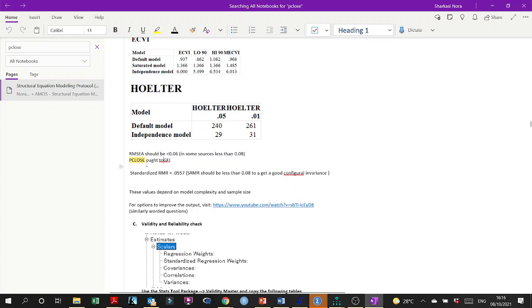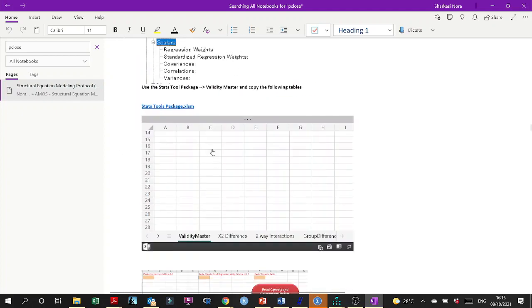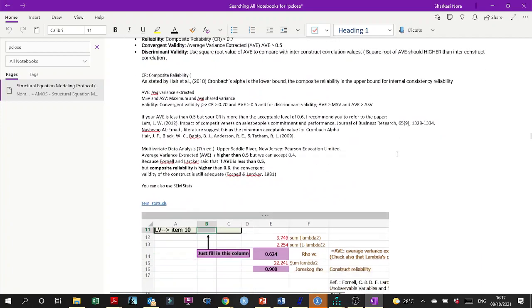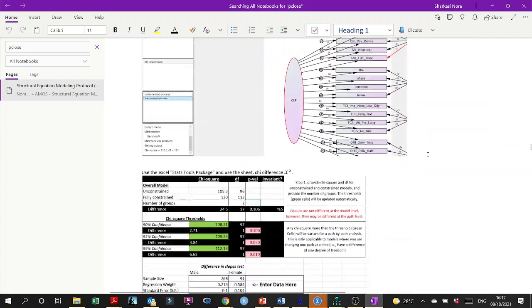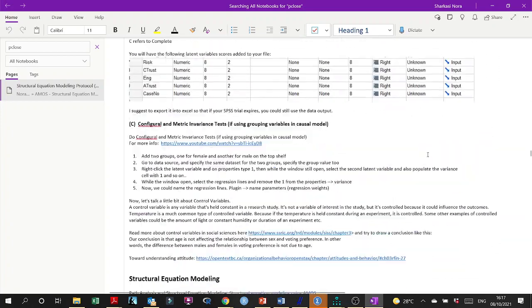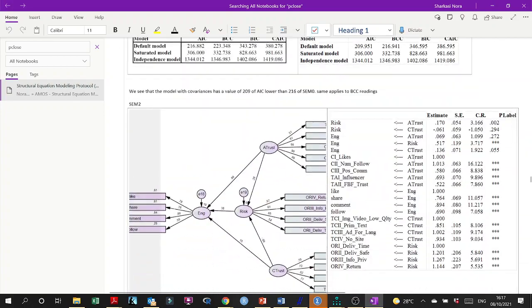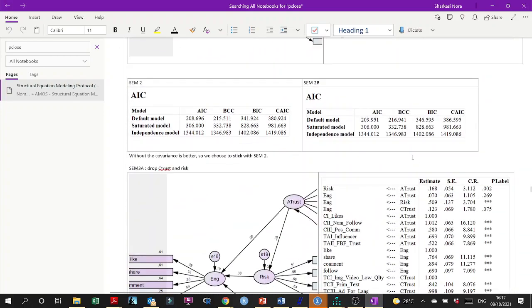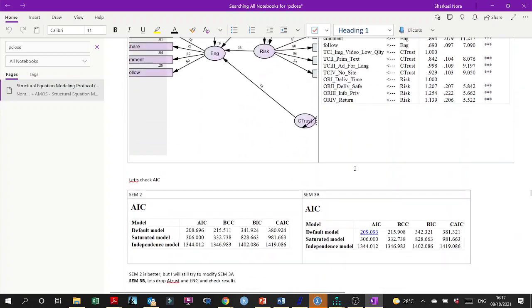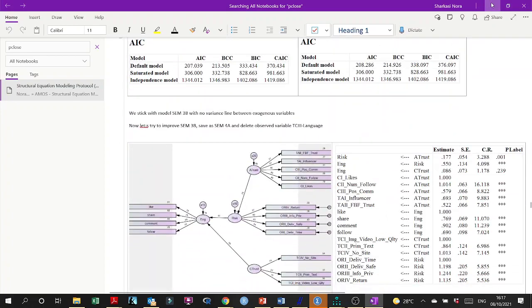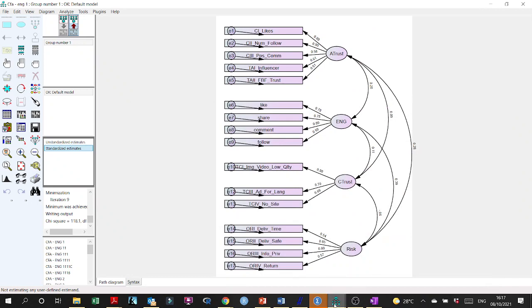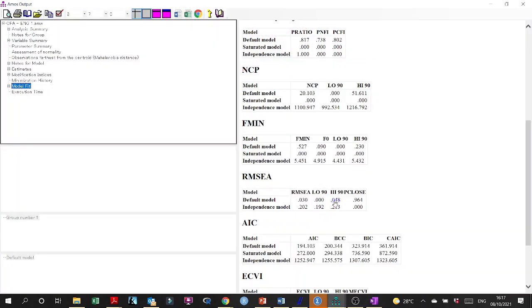I was probably mistaken typing. I don't have it, right? But I think a high value is not bad. Now I'm going to look into my notes again on that. But for P-close, higher than 0.8, I think, is good.